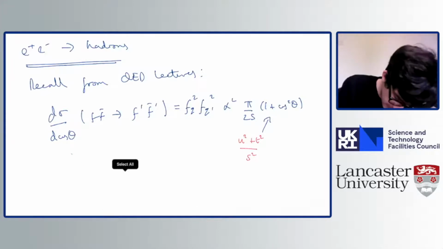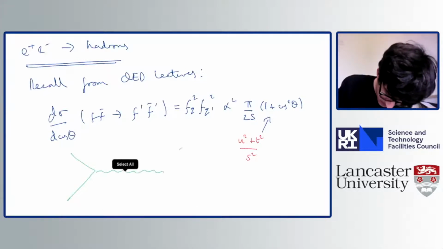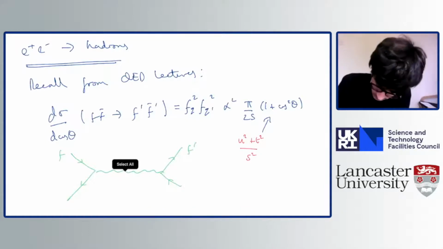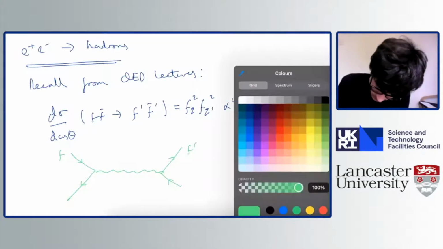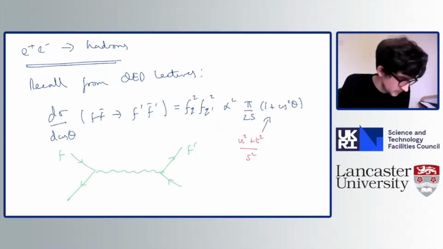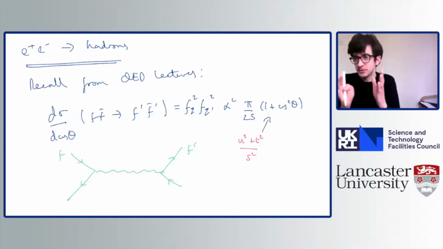The Feynman diagram looks something like this. So there's our fermion, and there's our fermion prime. Okay. And again, we do that in the context of QED.